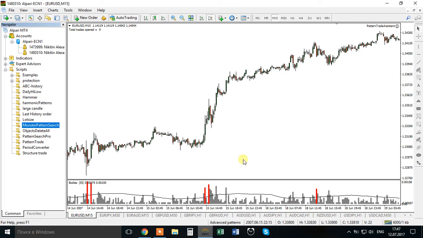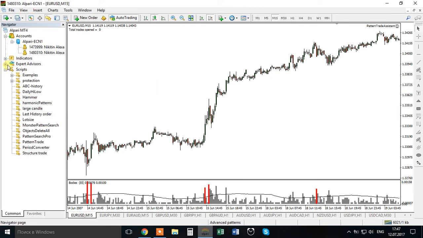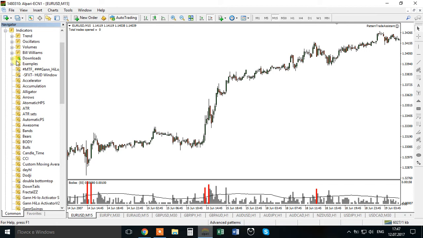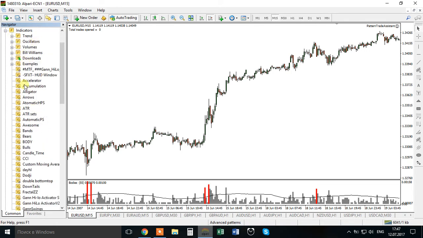So it is a visual representation of whatever one is able to do manually. You can calculate the body like this, and you can attach the ATR indicator. It is absolutely free.